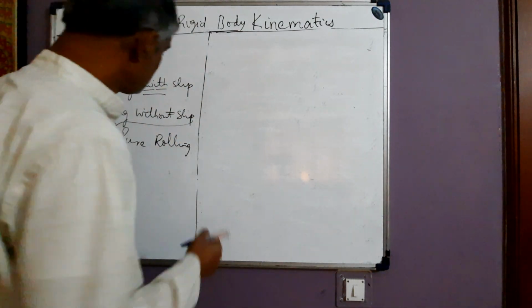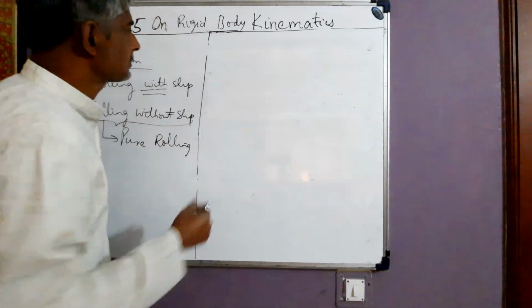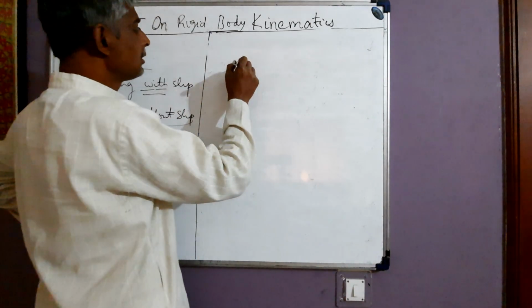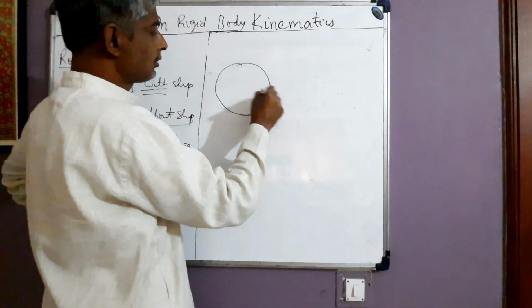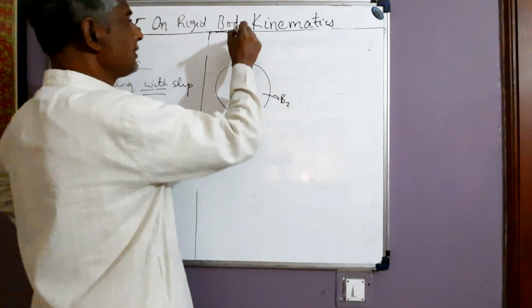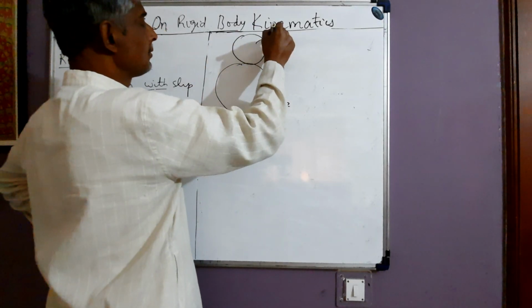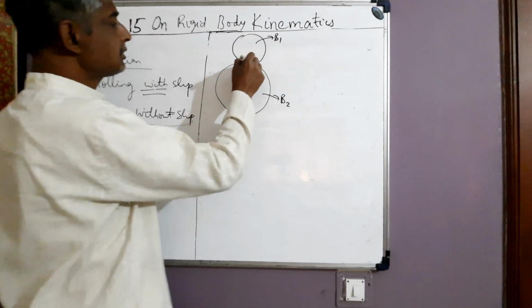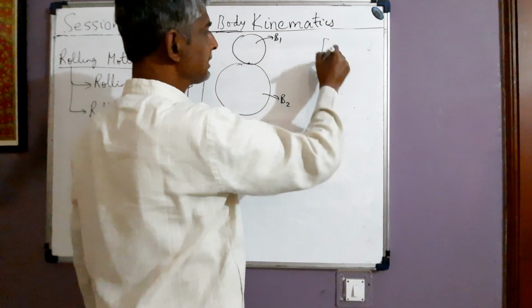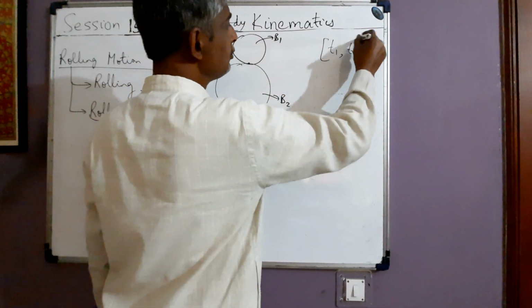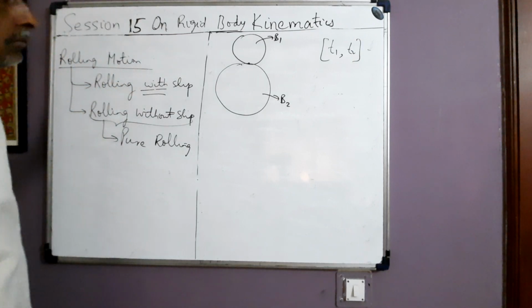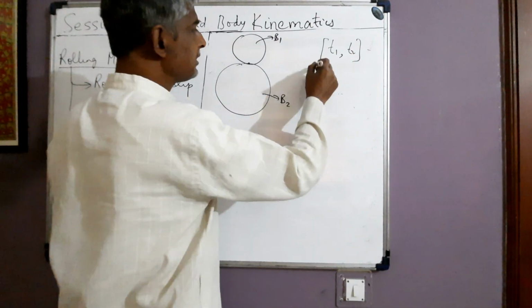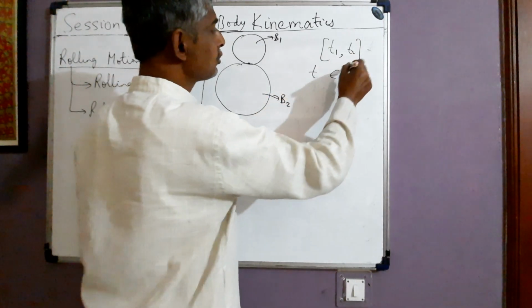See, one thing which is common to both of them is this. Suppose this is a body B2, and this is a body B1. Now suppose these 2 bodies are in mutual contact in the time interval T1, T2.